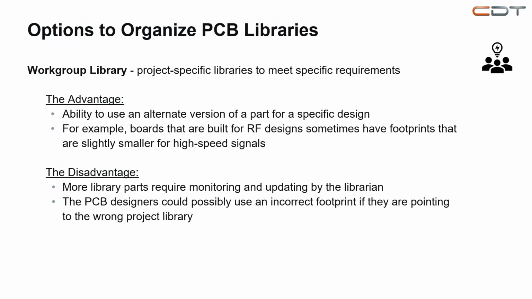For example, boards built for RF design sometimes have specific footprints that are slightly smaller for high-speed signals, where the width of the footprint pad is equal to the width of the microstrip or stripline. The disadvantage is that you need to spend more time. There are more library parts that need to be monitored and updated. And PCB designers could possibly use an incorrect footprint if they are pointing to the wrong project library.